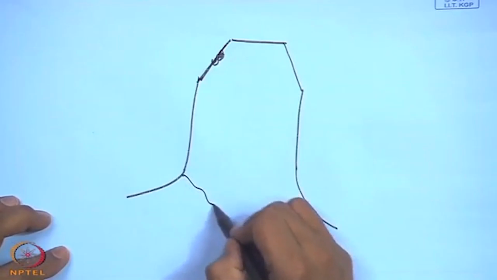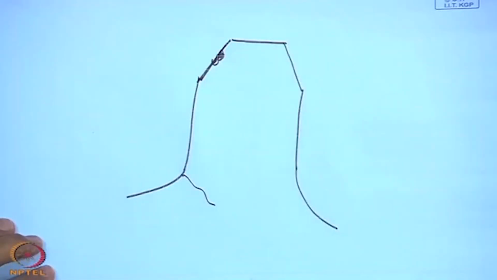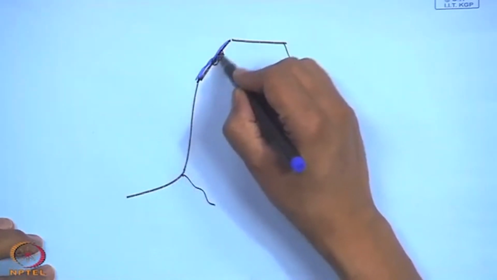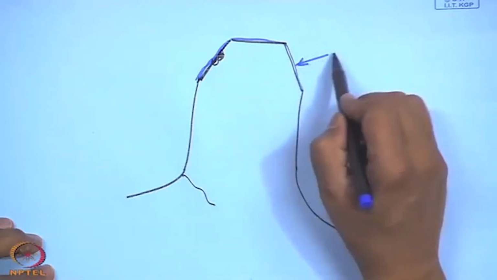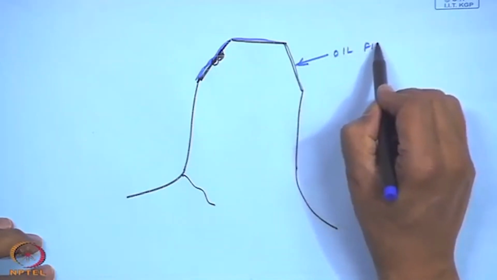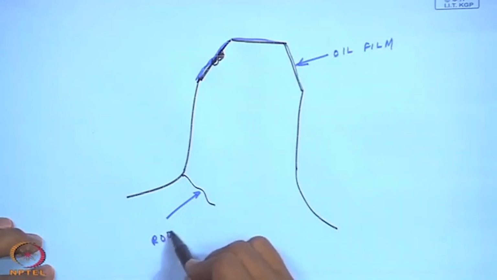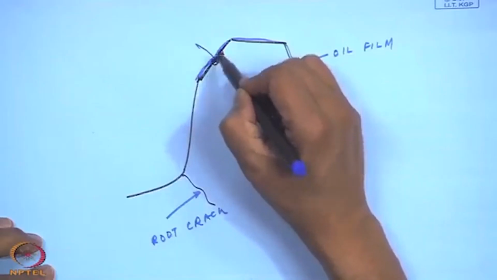There could be cracks, and there could be the oil film, because there is always a thin layer of oil film here. This is the root crack, this is the pitting.